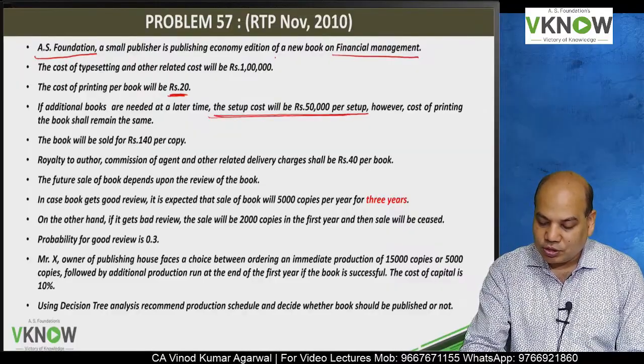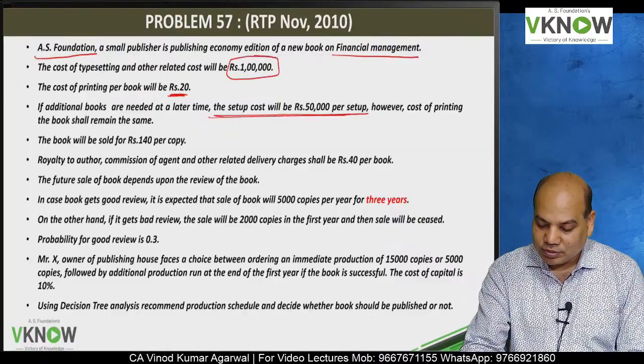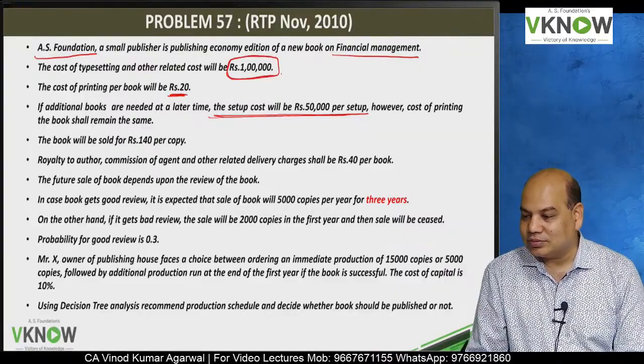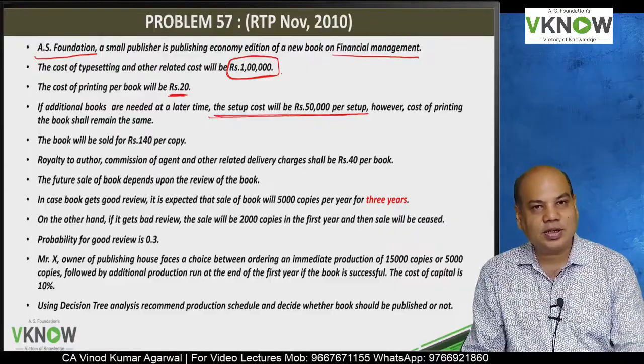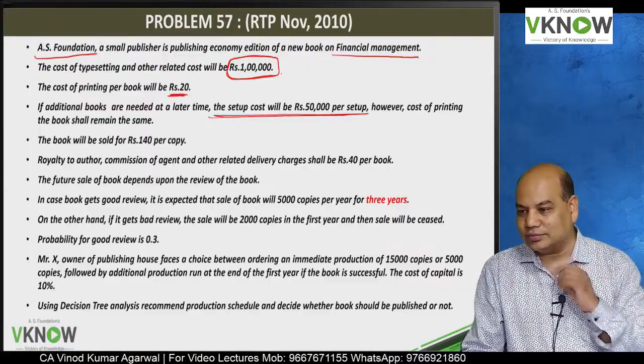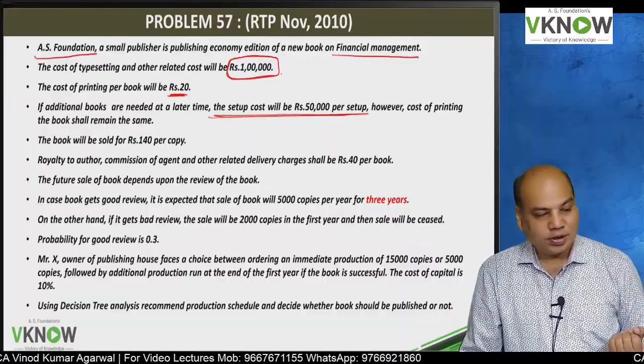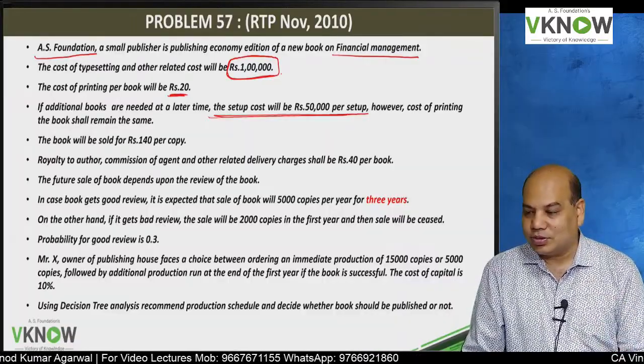Setup cost means in order to start printing, you have to do some setup. You have to make some plates, some font setting, and then there are certain processes which are done. Nowadays it is done on the computers directly, so this issue is not there.